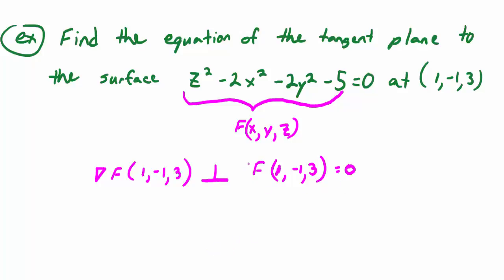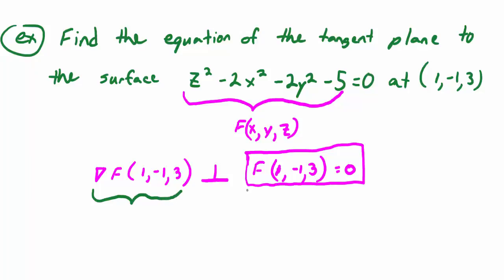I'll put in the equals 0 to emphasize that we're talking about a surface here. That's a fancy way of saying that this gradient vector is perpendicular to the surface at the point 1, negative 1, 3.